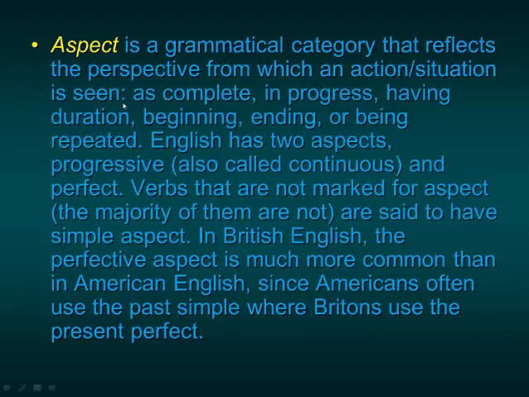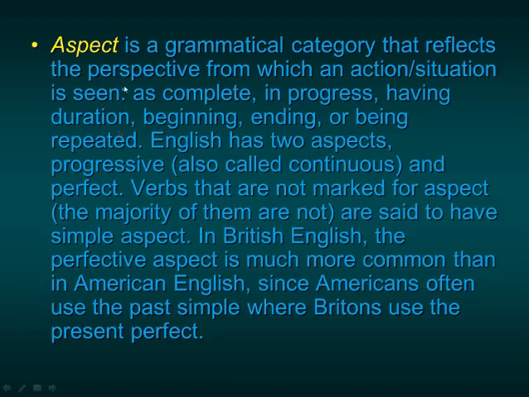Next, aspect. Aspect is a grammatical category that reflects the perspective from which an action or situation is seen, as complete, in progress, or having duration. So what is aspect then? As I told you earlier, tense has a verb, and that verb is always changing.